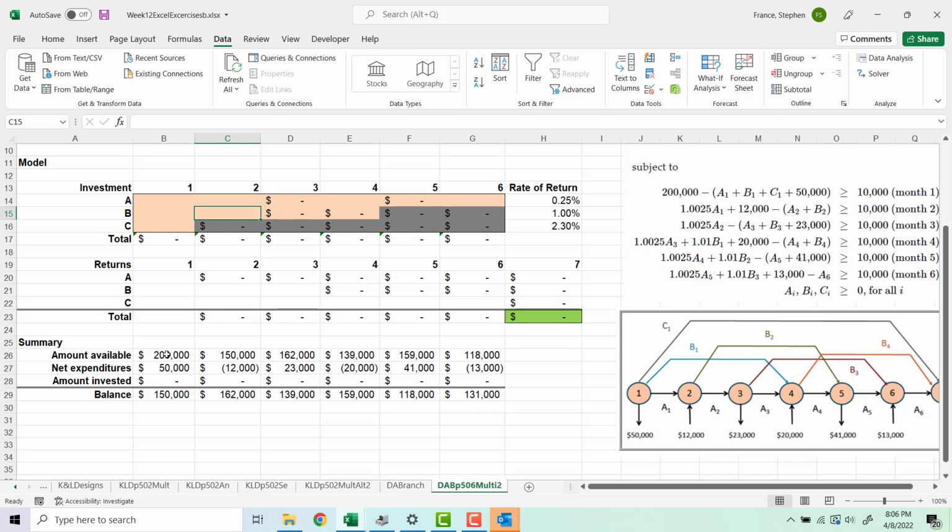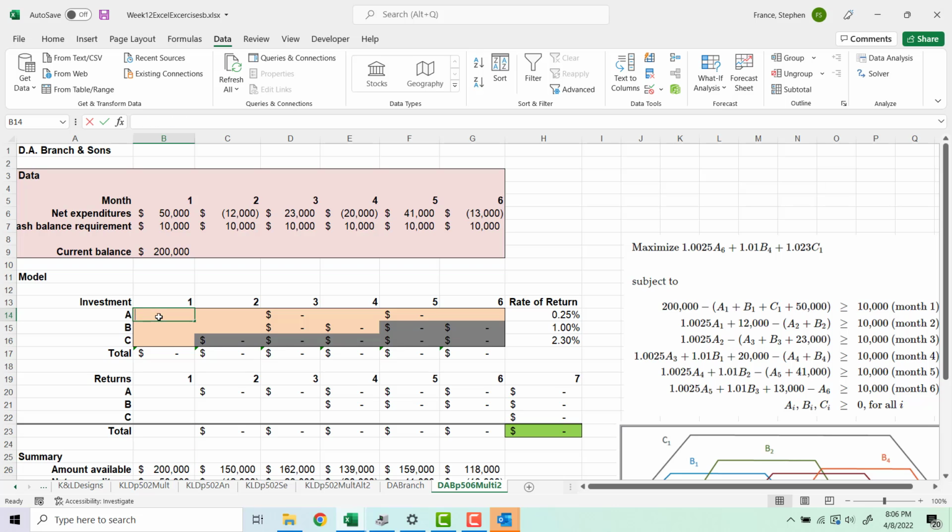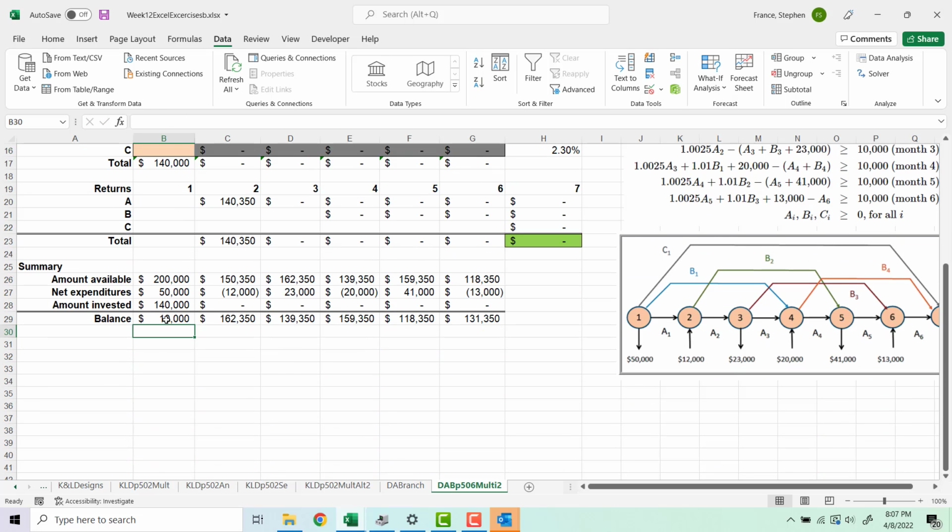Now, this is where we get the balance at the end. These balances at the end of the periods need to be $10,000. The balance is the amount available minus our net expenditures minus the amount we invested. At the moment it's 150,000, but if we'd invested, say, 140,000, we're now at the correct balance.